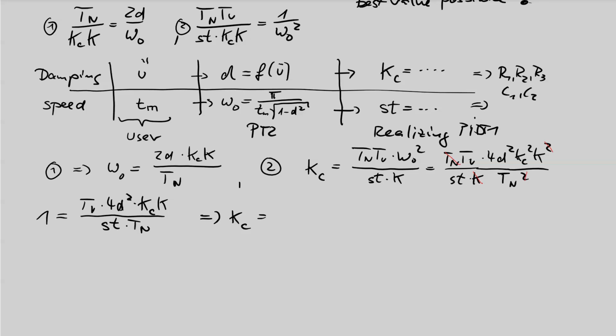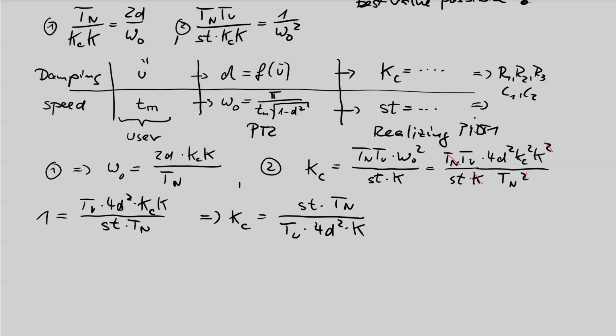Now this is the first resulting equation I want to use to design my controller. Kc and all the other parts on the other side.